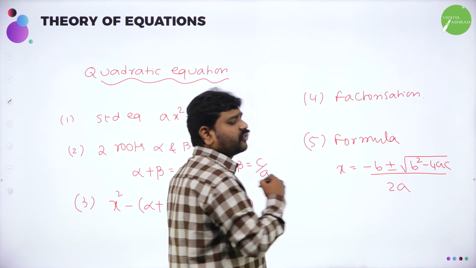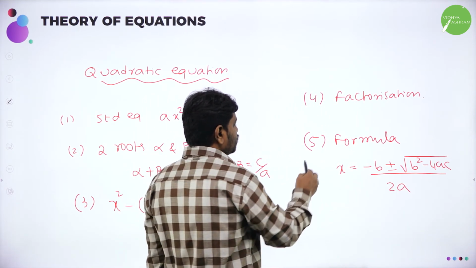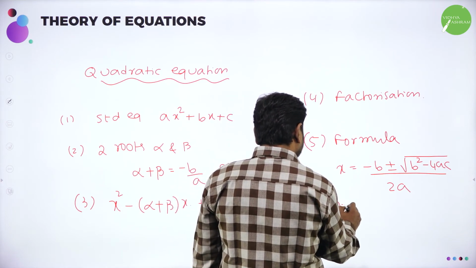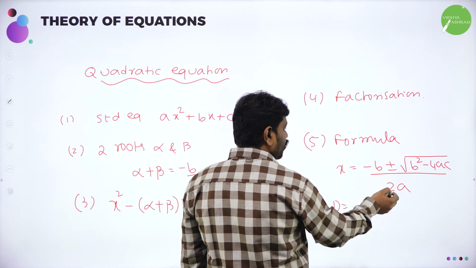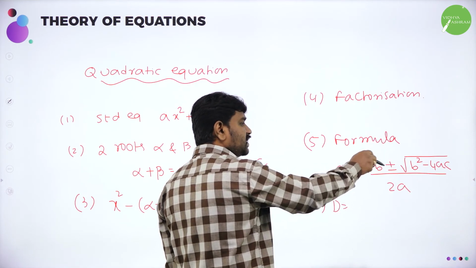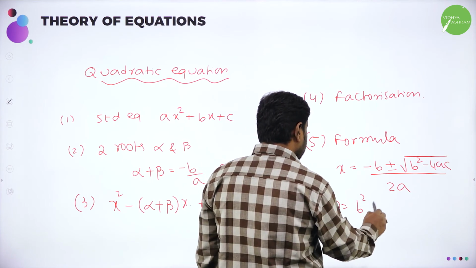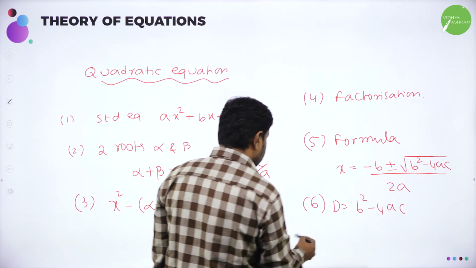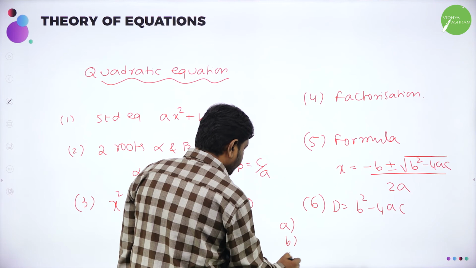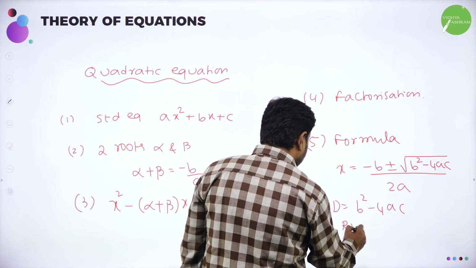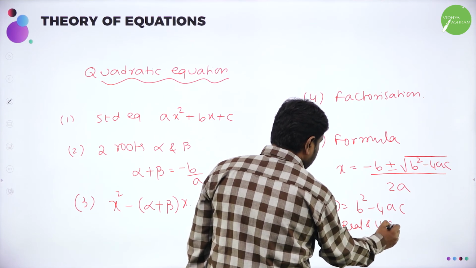This is the formula method, and then we can decide the nature depending on the discriminant. What is the discriminant? Whatever is inside the root in the formula, we call it the discriminant. So what is the discriminant formula? B square minus 4ac. Depending on the cases: D greater than 0, roots are real and unequal, or distinct.